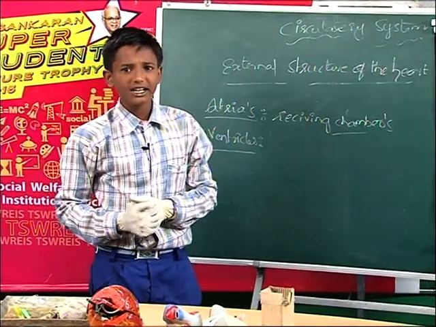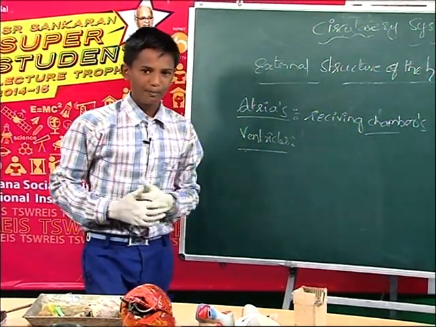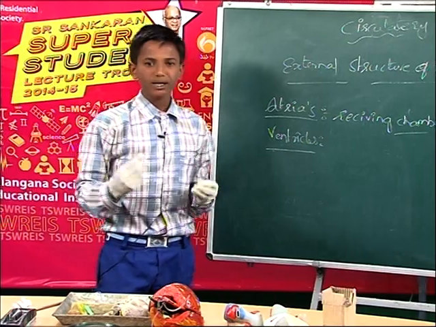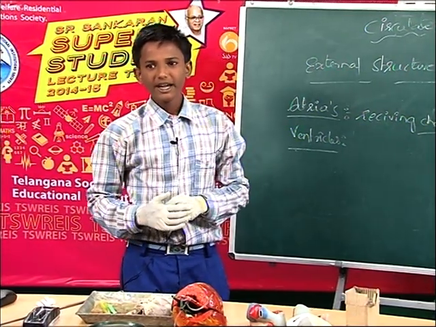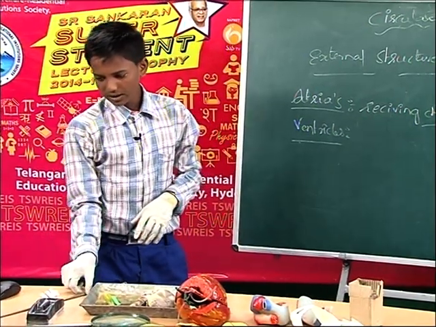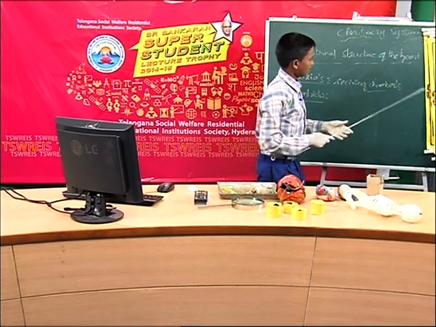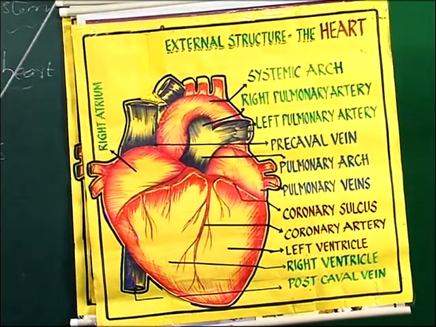Why do we call the ventricles the pumping chambers? Very good. We call them the pumping chambers because they pump the blood to all parts of the body. This is the internal structure of the heart.